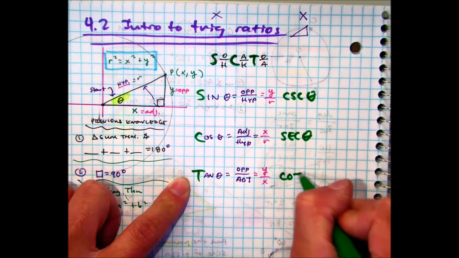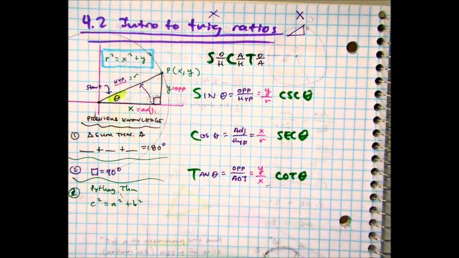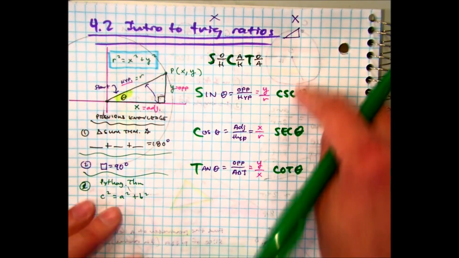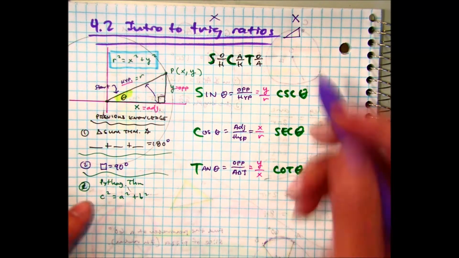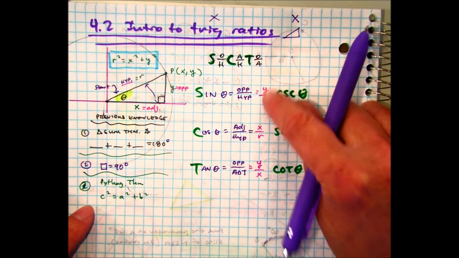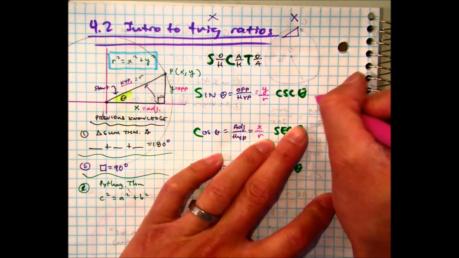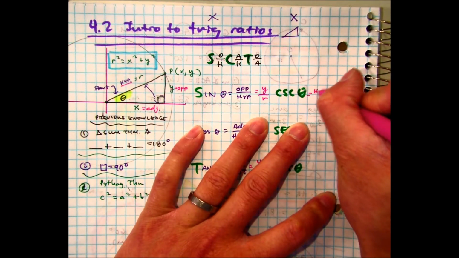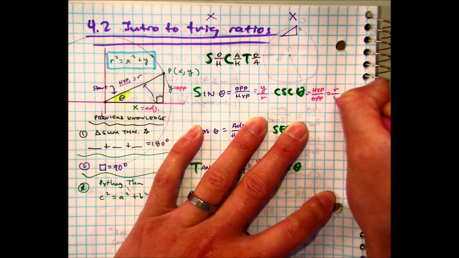And everyone say cotangent. Cotangent is related to tangent. Well, what are these? They're the reciprocal. What does reciprocal mean? You flip it. So if I flip this, what do I get? You get hypotenuse over opposite, or you get r over y.